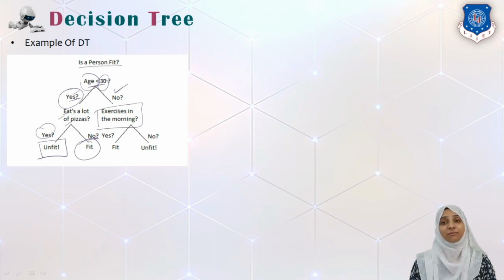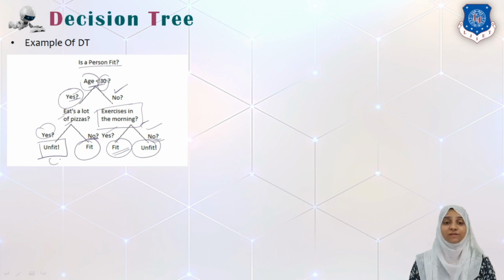The other attribute is exercising in the morning, whether that person exercises in the morning. Within the attribute, we can have two different values, yes and no. If the person does exercise in the morning, we assign a label of fit to that person. And if the value is no under this attribute, then we can assign a label of unfit.